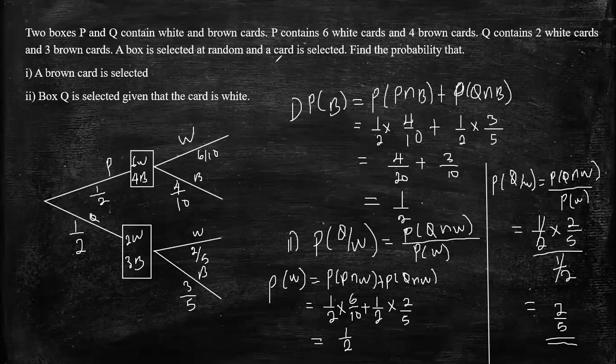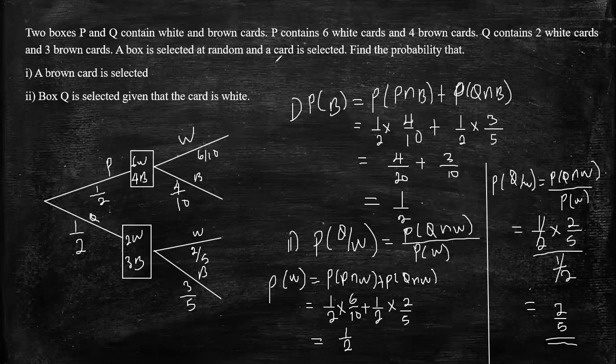Good question. Now, they have told us that we only have two boxes, P and Q. So when we were beginning this number, I said if they have not given you any other condition, it's like they are saying they put those two boxes in a bag, and tell you to close your eyes and pick.